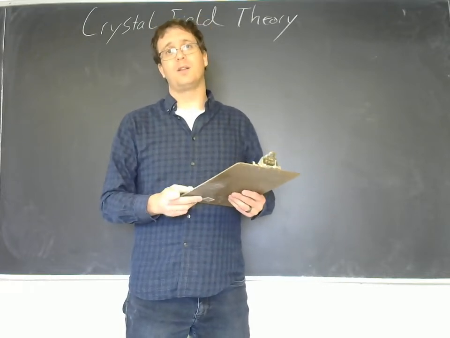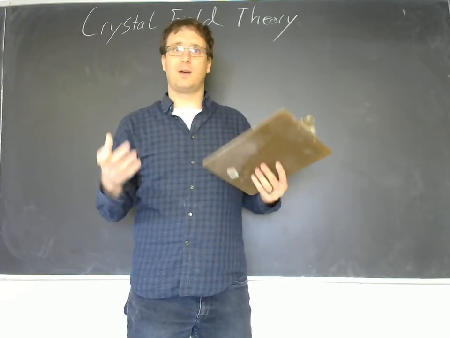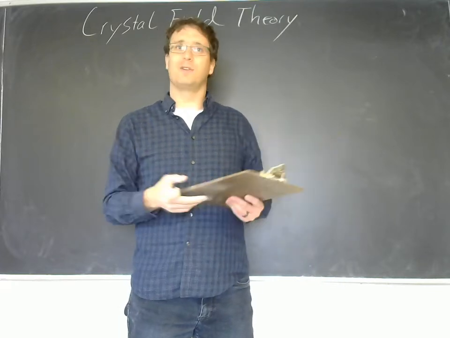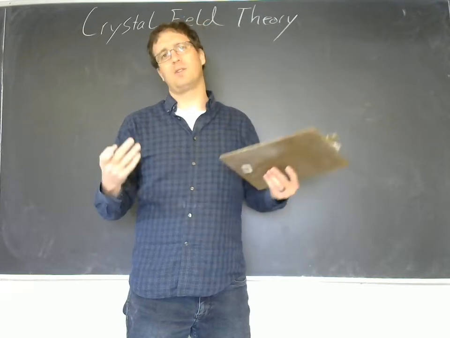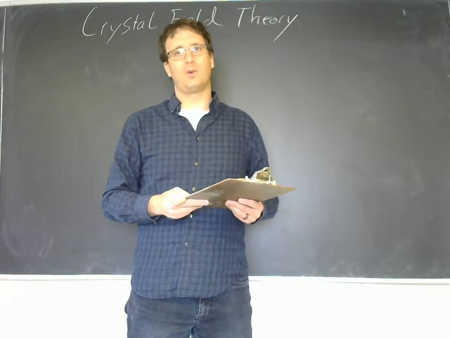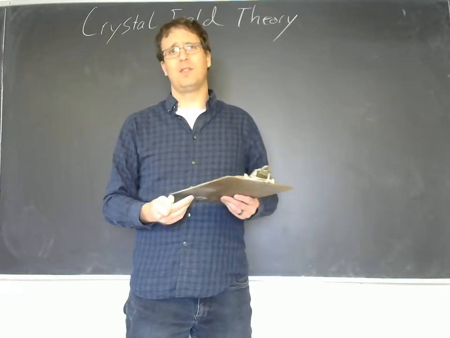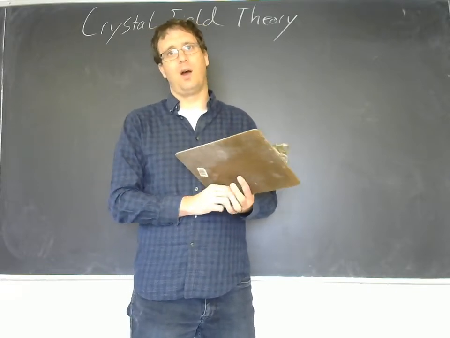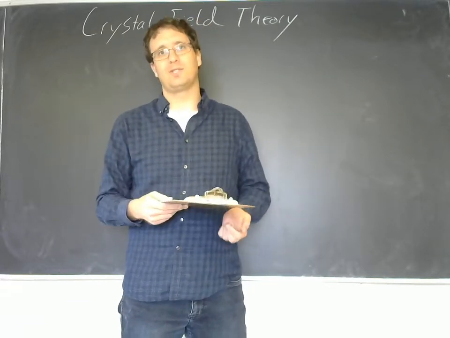But for these complex ions and coordination compounds, the d subshell of the metal cation is usually only partially filled, and so there are going to be vacancies, and the arrangement of the electrons within those orbitals within that d subshell is going to be really consequential and important. This is going to feel a little bit like molecular orbital theory when we finally analyze the results of the electronic structure.